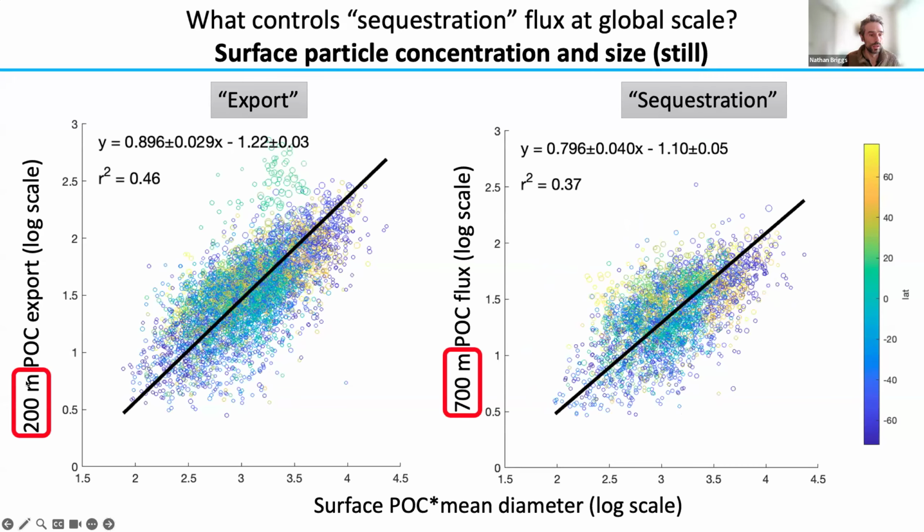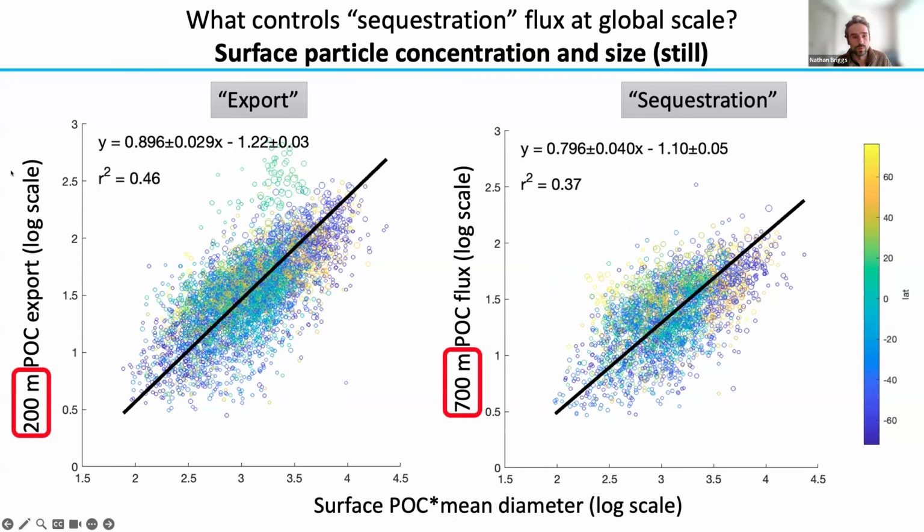So on the left, again, I'm showing you surface POC concentration times surface mean size on the x-axis, and the y-axis 200-meter export on the left, and 700-meter export on the right. So that's a sequestration flux, the deeper storage.